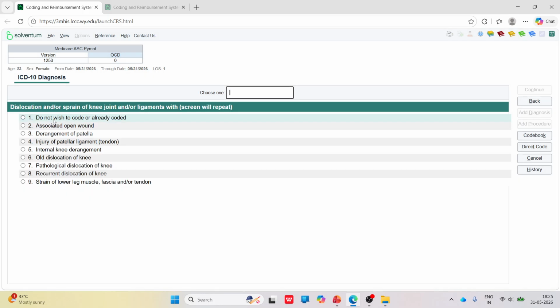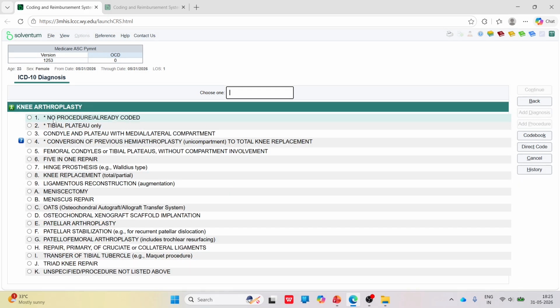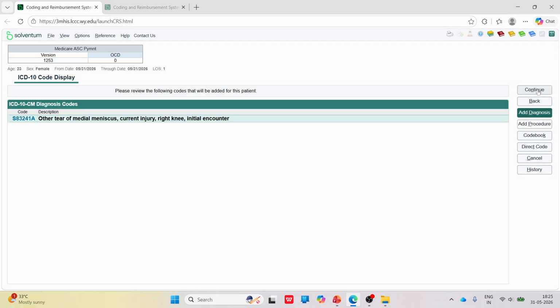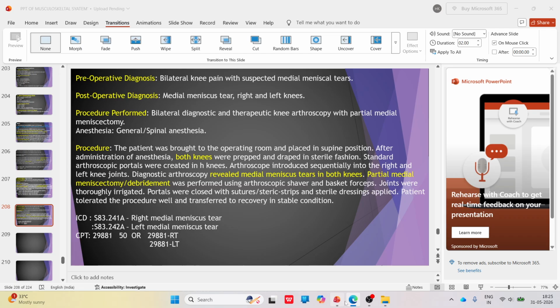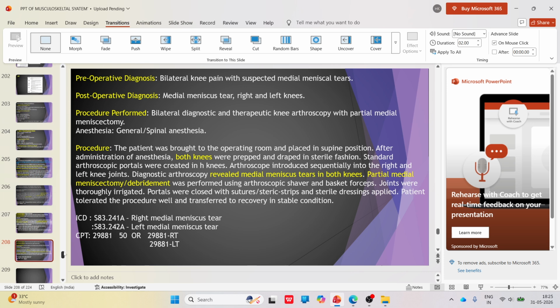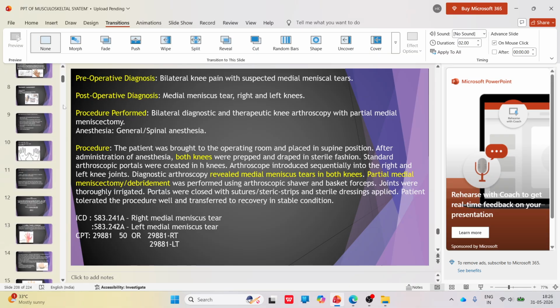Okay. And similarly for the left also we have to take that. It is for the right, and for the left we have to do the same navigation. So this one is S83.241 and S83.242, right and left. Okay, and these go with RT and LT modifiers. So this one is an arthroscopic procedure.